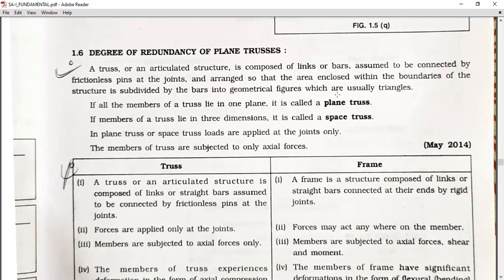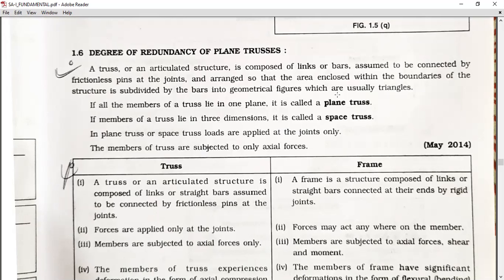A truss or an articulated structure is composed of links or bars assumed to be connected by frictionless pins at the joints and arranged so that the area enclosed within the boundaries of the structure is subdivided by the bars into geometrical figures which are usually triangles. If all the members of a truss lie in one plane, it is called a plane truss.